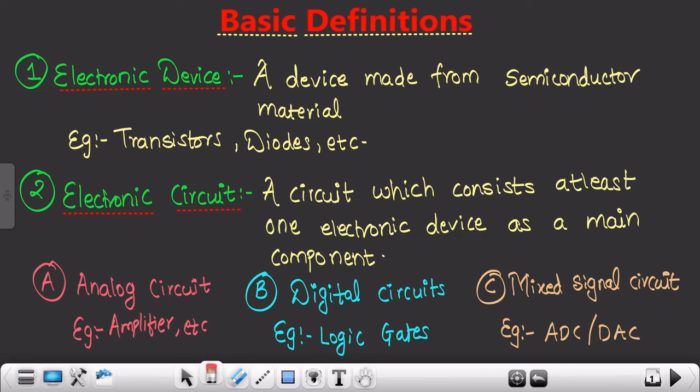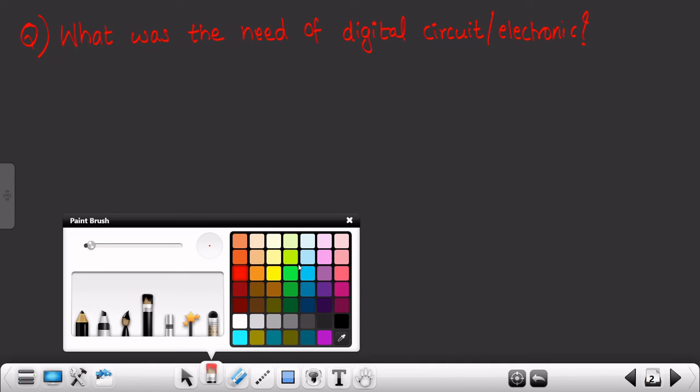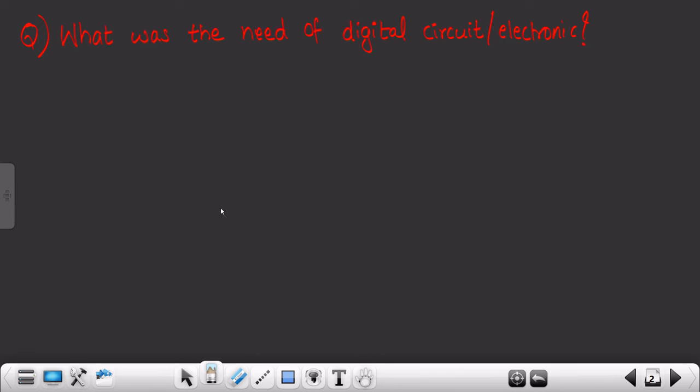Okay, all right, so I hope that you might have certain thoughts in your mind about the digital electronics. But let me tell you the basic fundamental, or the basic significance of this particular digital electronics is storage. Just a second, let me highlight this particular thing.